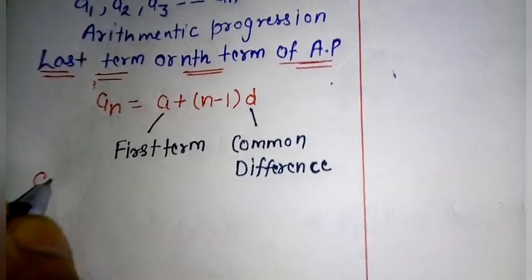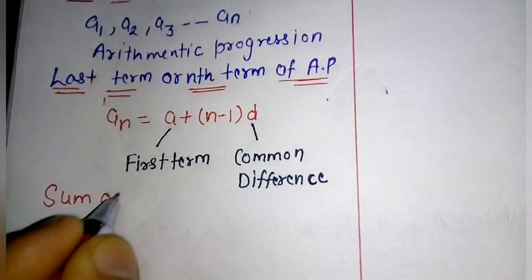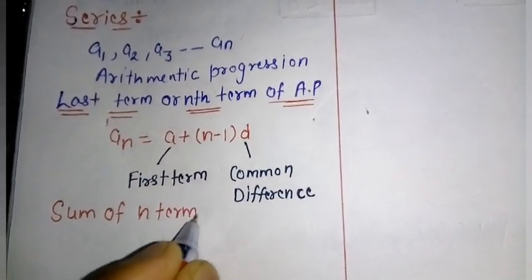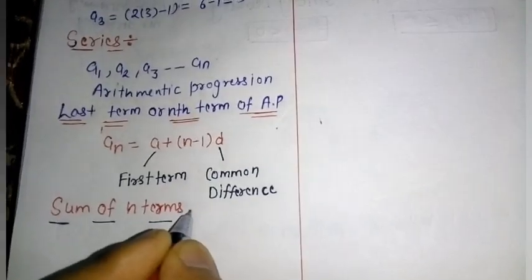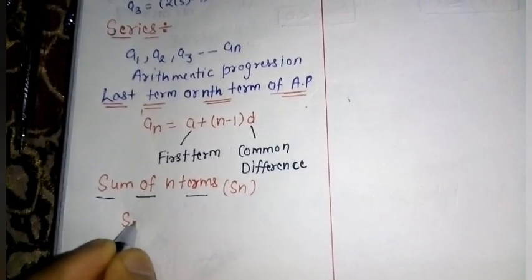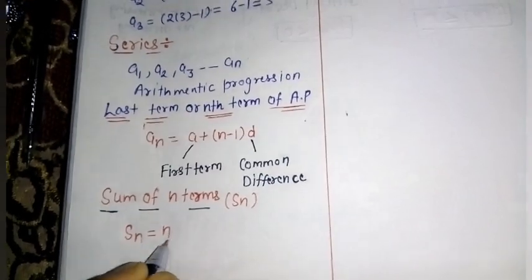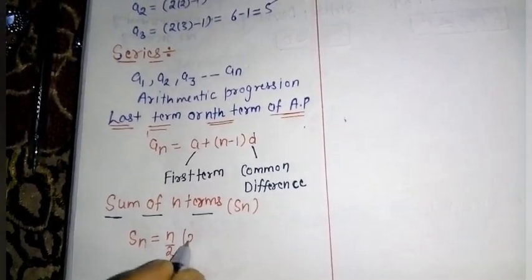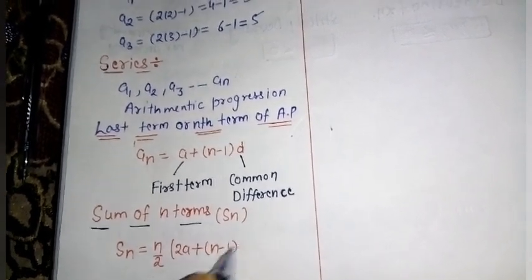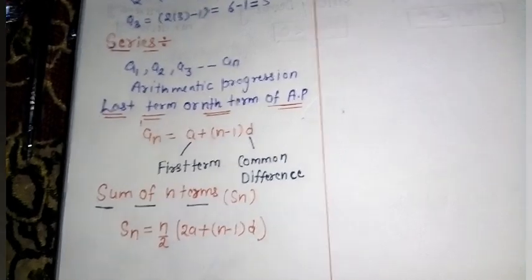Now sum of n terms, it is represented by S_n, and S_n is equal to n upon 2 bracket 2a plus (n minus 1) into d bracket close.